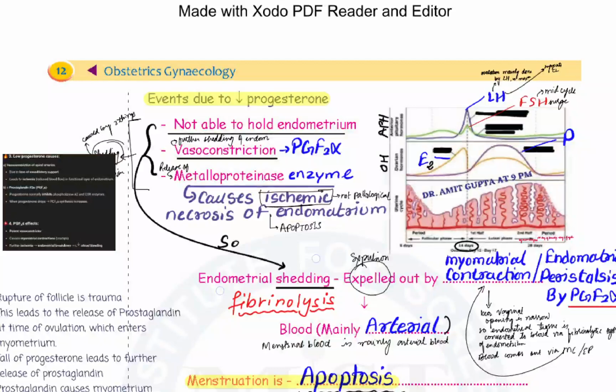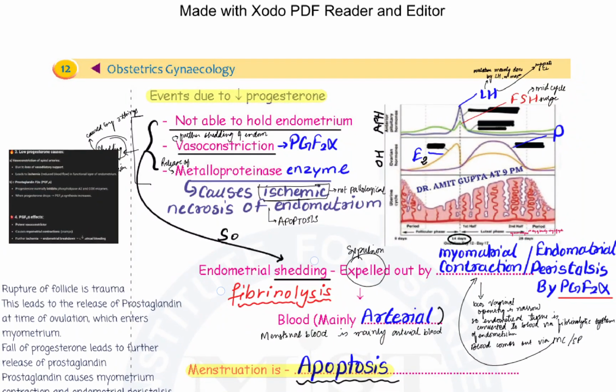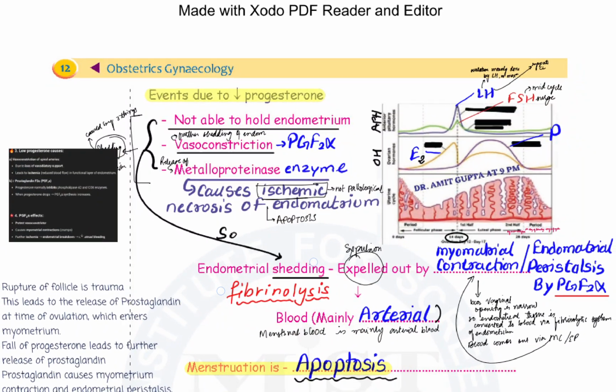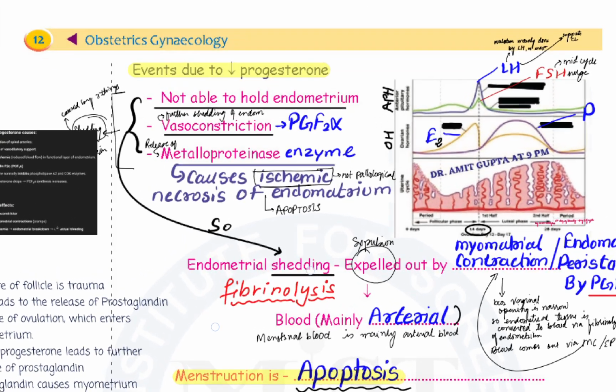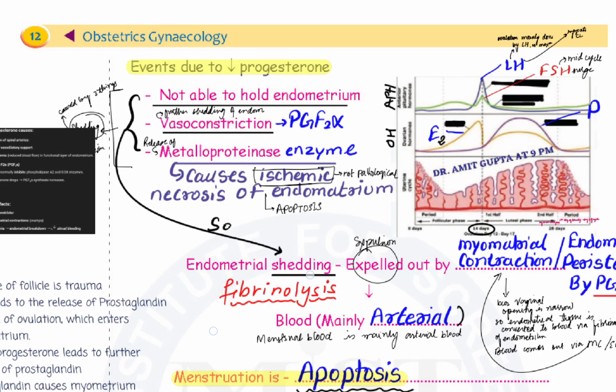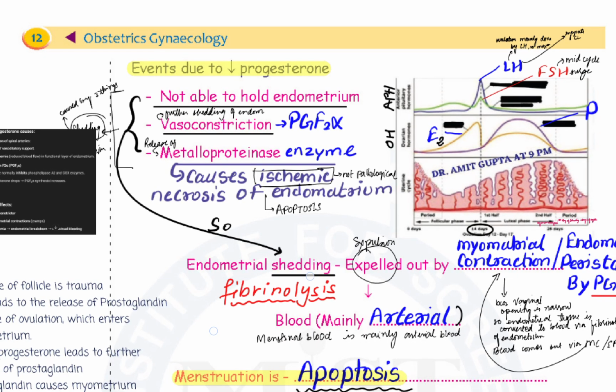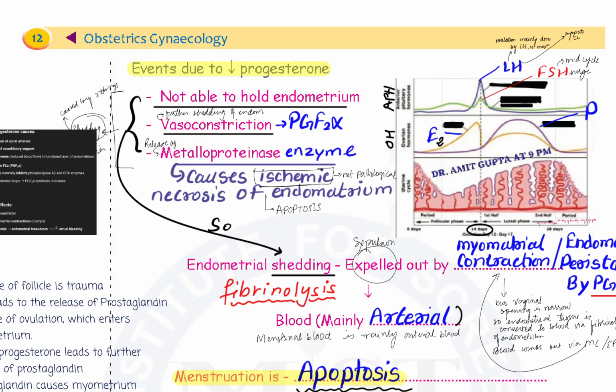Now, what are the events that happen when progesterone decreases? The endometrium is no longer held in and will shed. Vasoconstriction will occur, because progesterone was causing vasodilation, and this will cause further shedding of the endometrium. Once vasoconstriction occurs, it will lead to the secretion of PGF2 alpha, and there will also be release of metalloproteinase enzymes, which cause ischemic necrosis of the endometrium.